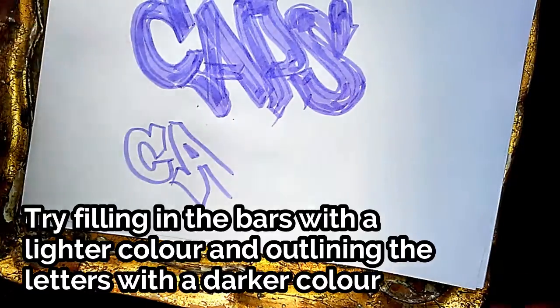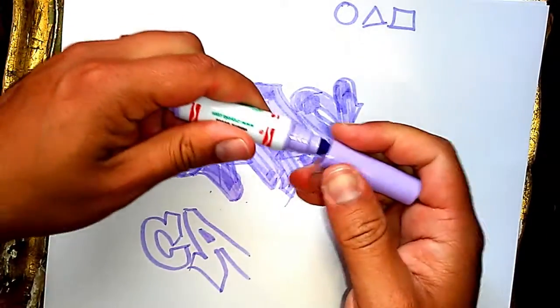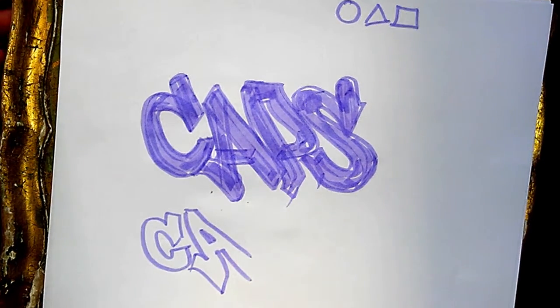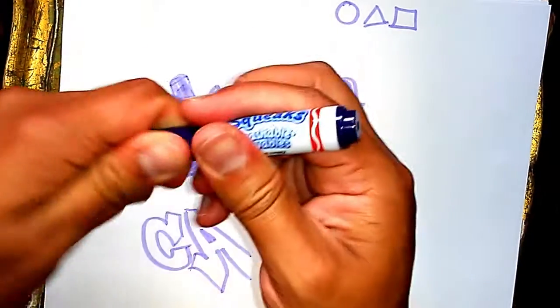Seems kind of basic, but I figured I would mention it. Okay, cool. So caps. Took a darker marker like I mentioned. I'm actually gonna use a darker purple here, and I'm gonna outline it.